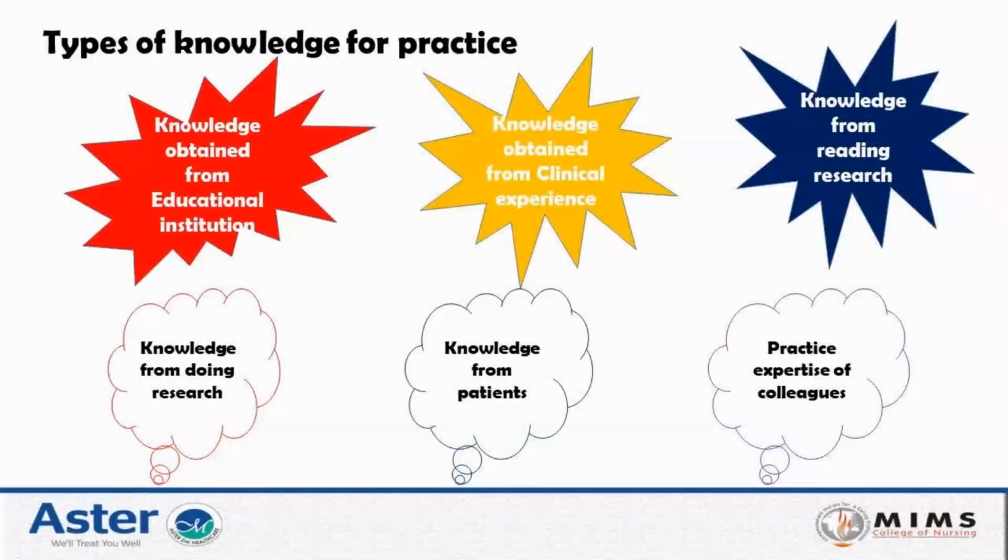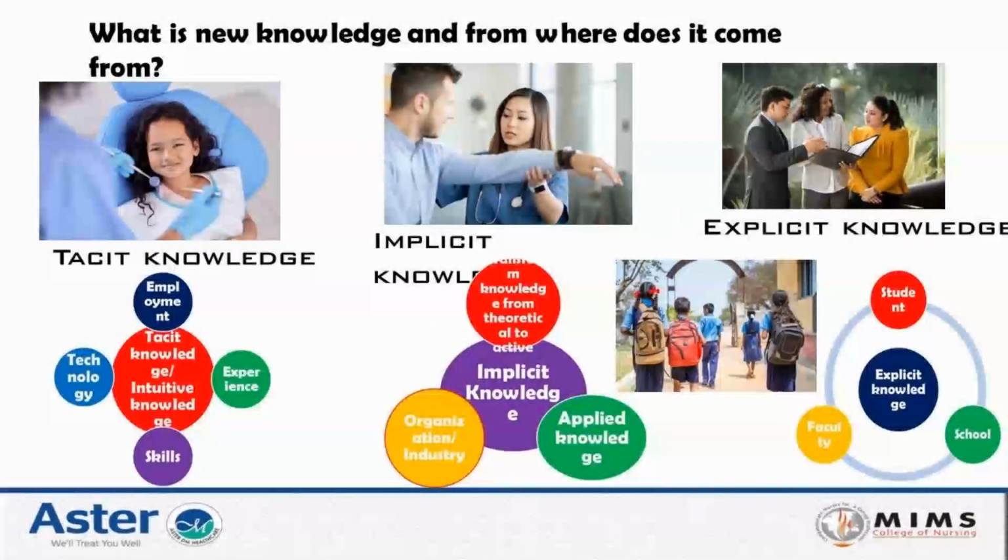So remember, these are the six major areas of knowledge you obtain for these three types of knowledge, that is the explicit, implicit and tacit knowledge. This is a picture to show you how knowledge comes from tacit knowledge, implicit knowledge and explicit knowledge.